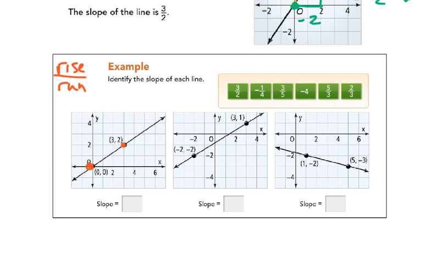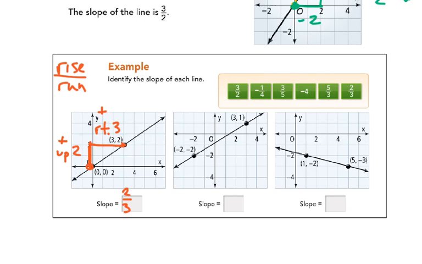I have to rise first, so that means I would go up 2, and then I run right 3. So the slope is 2 over 3. Up is positive, and right is positive.